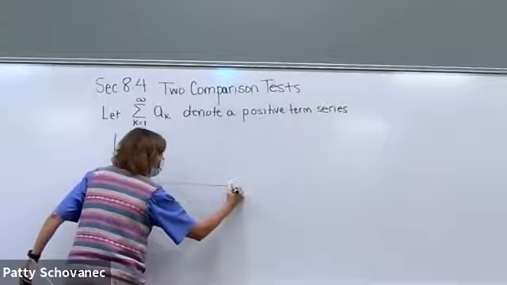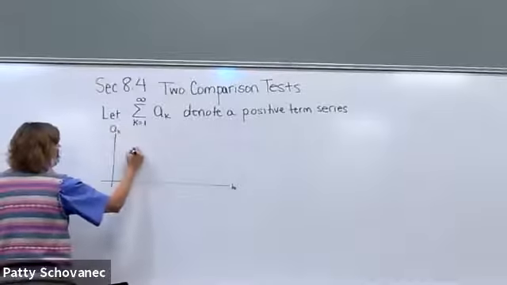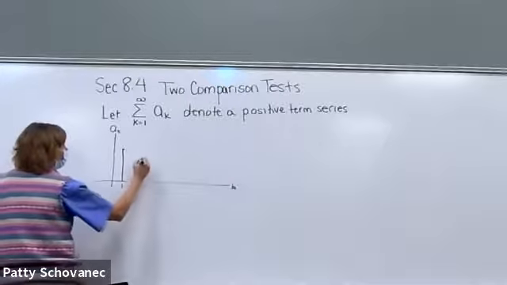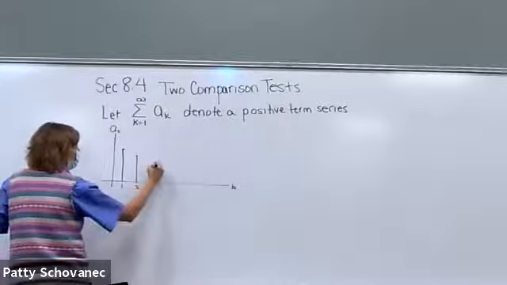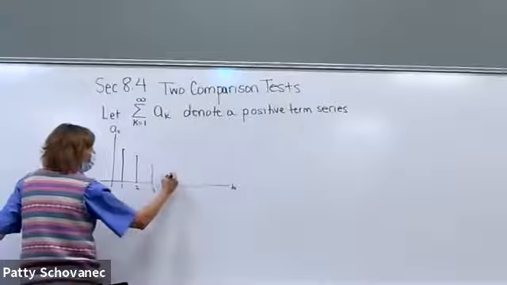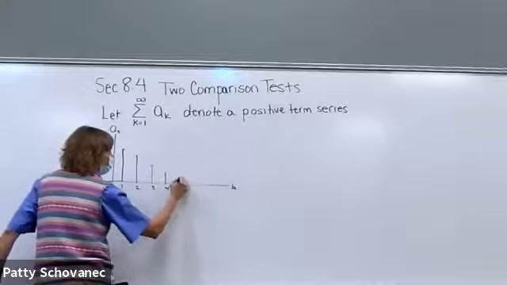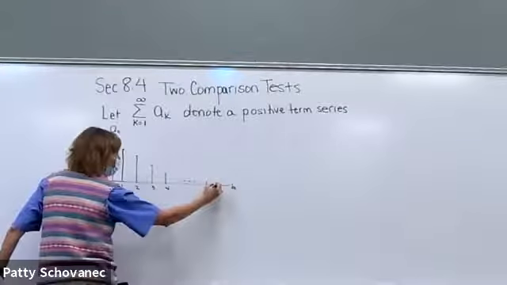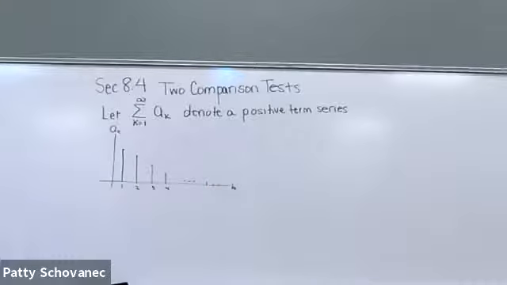These count my k's, and these are the heights of each a_k. So maybe this is a_1 right here, this might be a_2, this might be a_3, and so on. You need it to go to 0 to have any chance of convergence. So that's a picture of my series of a_k's.